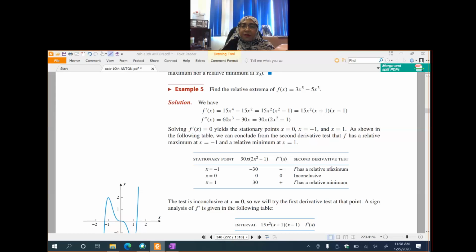For the second derivative test, it's not that we have to equate f double prime equal to 0. We use the same critical points as we get from f prime equal to 0, so we don't need to factorize.